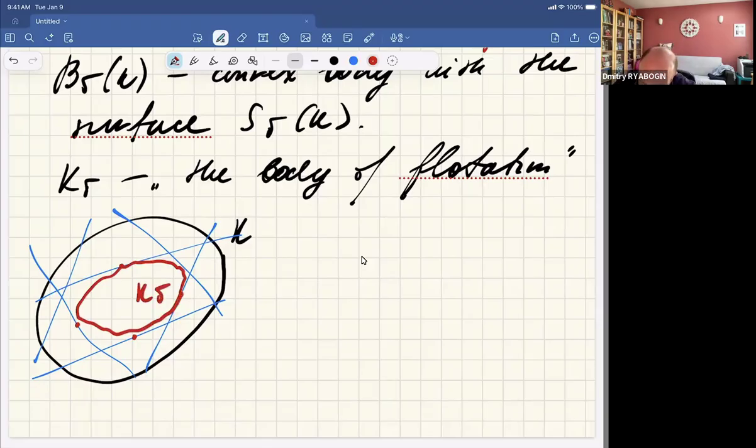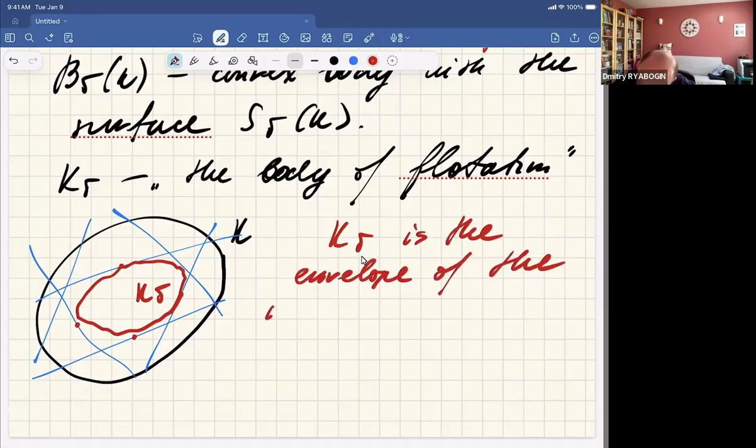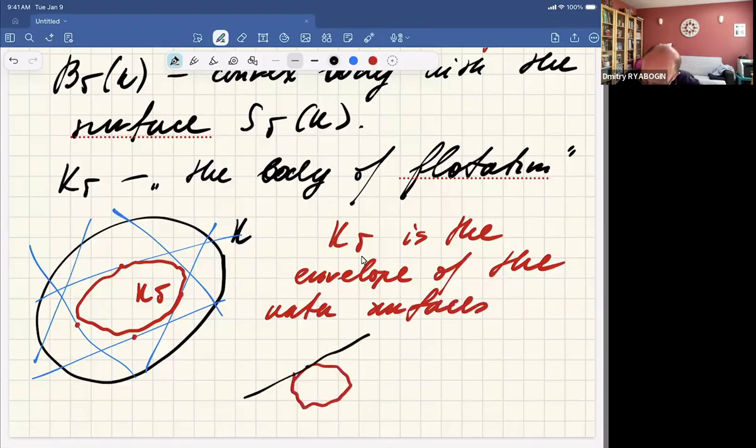Okay, so you can also think that K delta is the envelope of the water surfaces. I don't want to define the envelope, but heuristically it is the following. You have this curve here, and at every point you have a tangent. And so this surface is the envelope of its tangent lines.